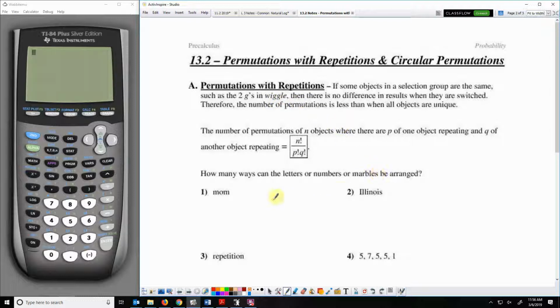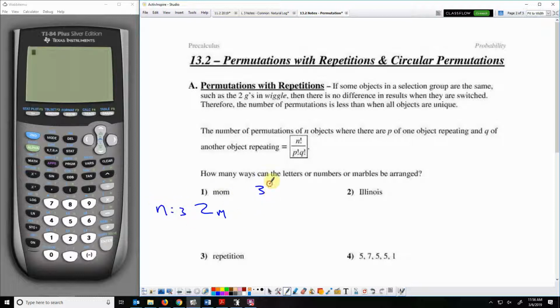So in a permutation with repetitions, it's n factorial, where n is the number of objects total, over p factorial, q factorial in the denominator, so it's anything that repeats. Here's an example. In the word mom, how can we rearrange the letters? There are 2 m's, but there are 3 letters total. So n equals 3.